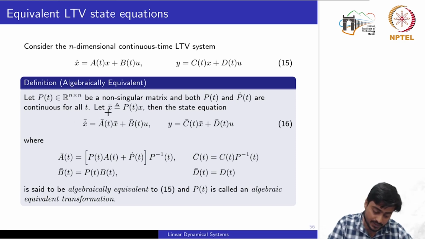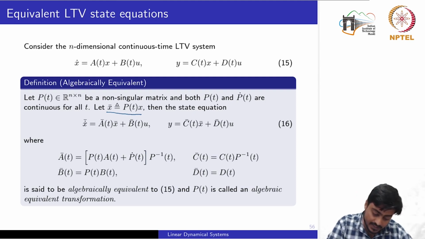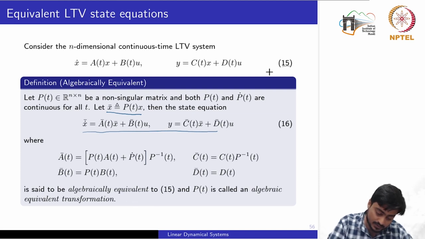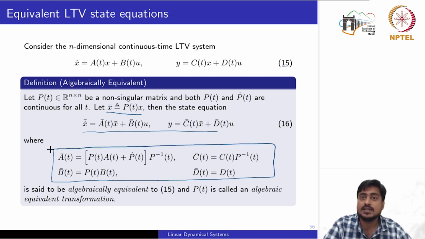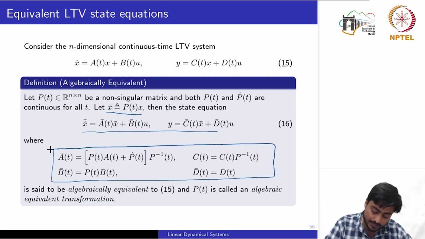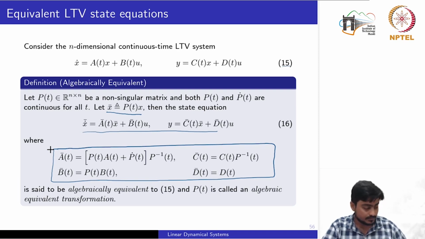Again in a similar way we define the transformation x bar equal to P(t) x. Then we say that this equation is said to be algebraically equivalent to this one whenever all these Ā, B̄, C̄, D̄ satisfy these equations, and P(t) in that case is said to be the algebraic equivalence transformation.